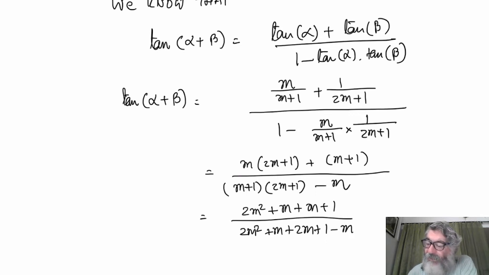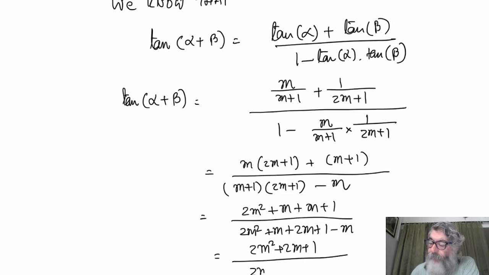In the numerator, I'll get 2m square plus 2m plus 1. In the denominator, 2m square plus 2m plus 1, because minus m plus m will cancel here. So they will be left with the same thing. So numerator and denominator come out to be the same. They came out to be 1.